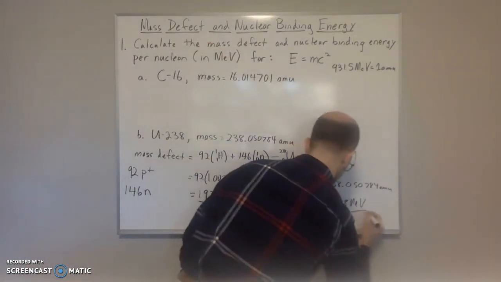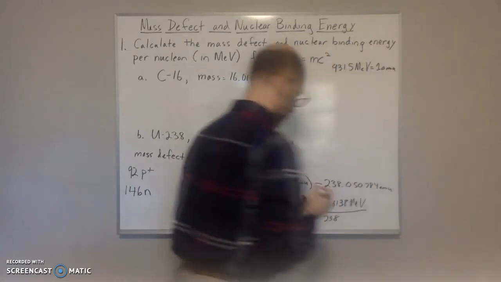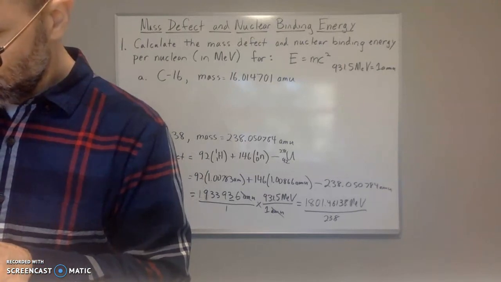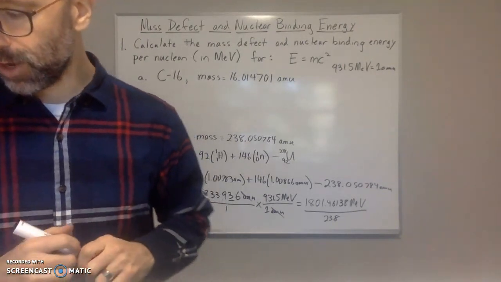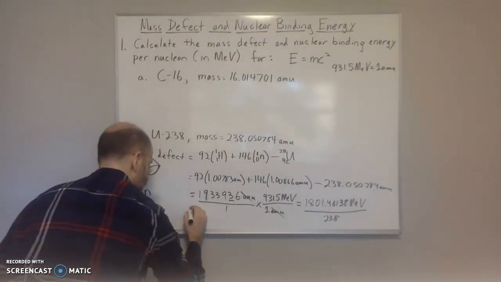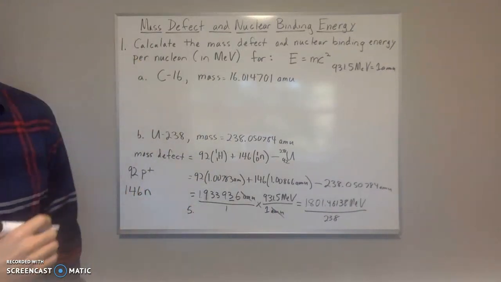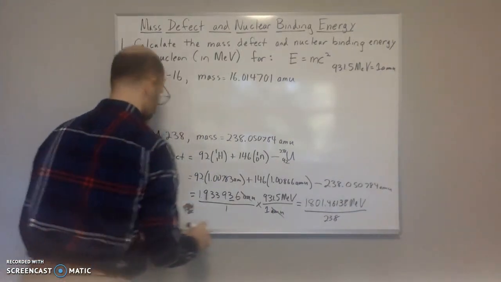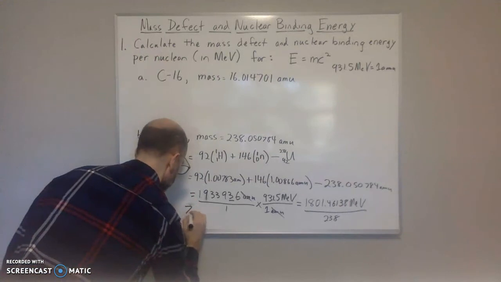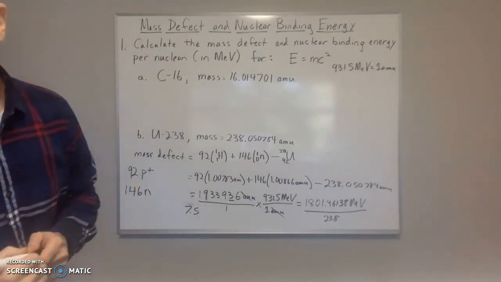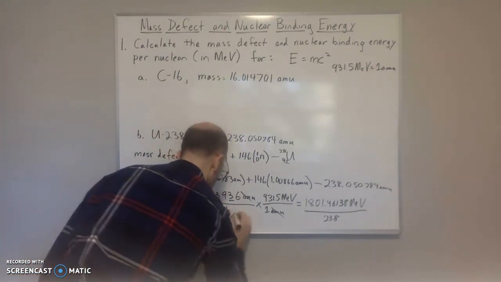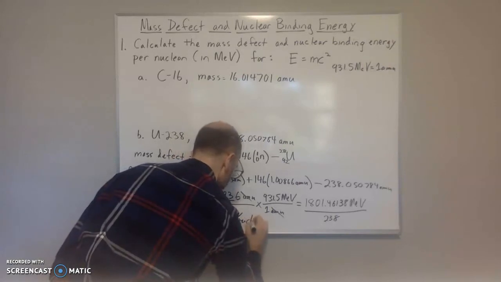So we divide this by 238, and we get 7.5691 mega electron volts per nucleon.